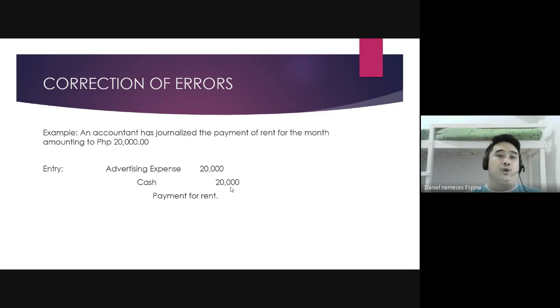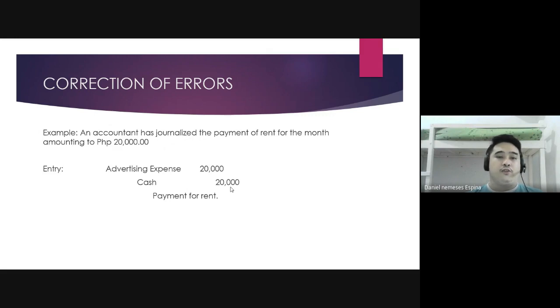Pwede ka makahiyaan ana. So as much as possible dapat hinlo imong financial statements, walay errors or walay mga alterations.